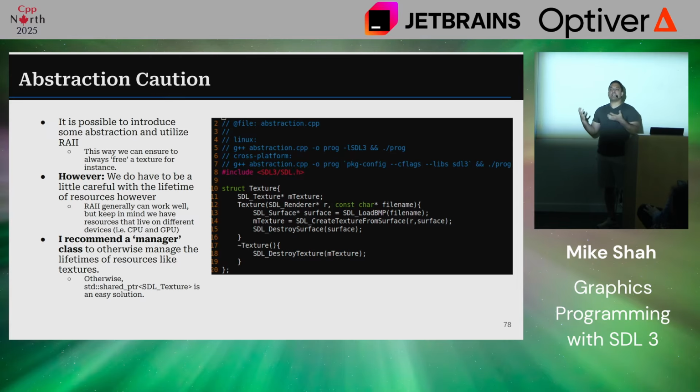At least I like to make that argument, one reason I love the language, this idea that we have deterministic creation and destruction. But keep in mind when we're creating textures that are on the GPU, for instance, or surfaces that are in CPU memory, they're getting allocated in different spots here. And there's a lot of opportunity for reuse.